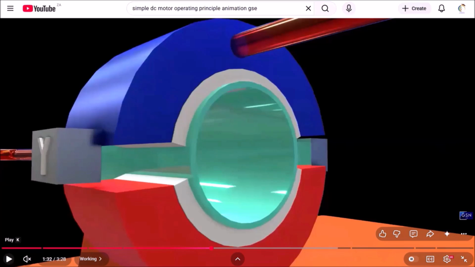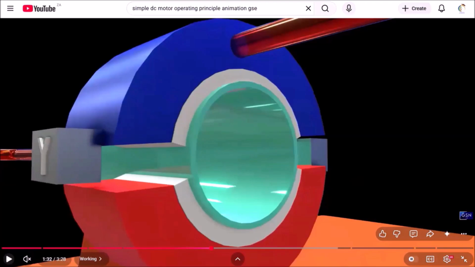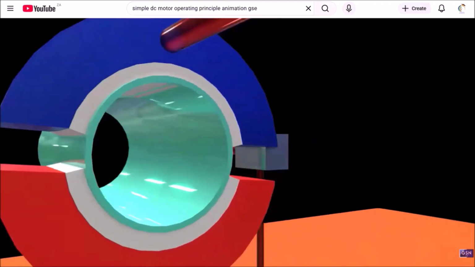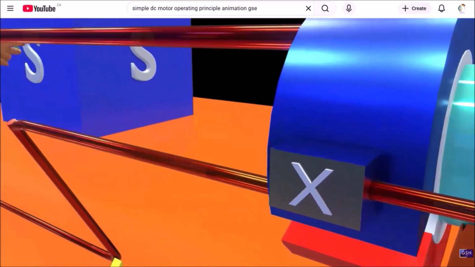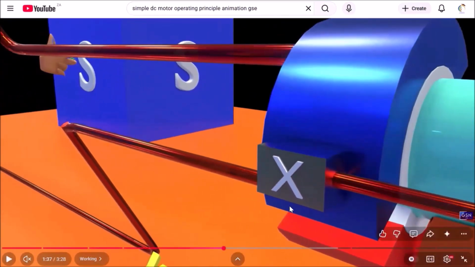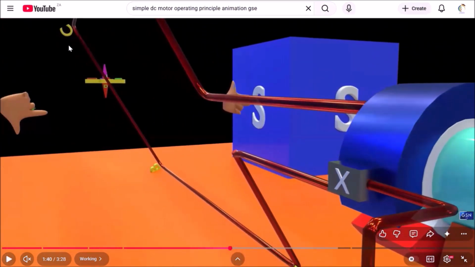This has a tendency of changing the direction of the current in the coil. Now current is moving from the positive terminal of the battery through X to the blue split ring and to DC, then B, then A, then back to the battery.